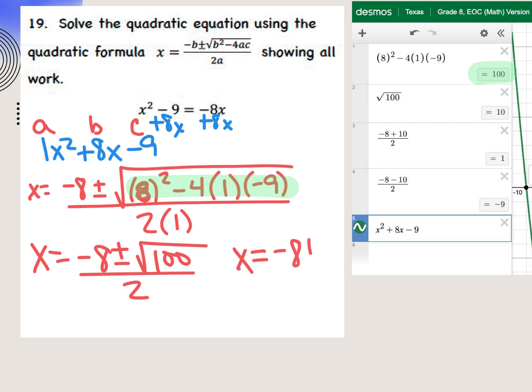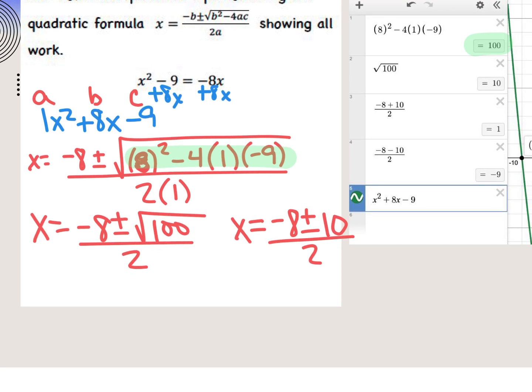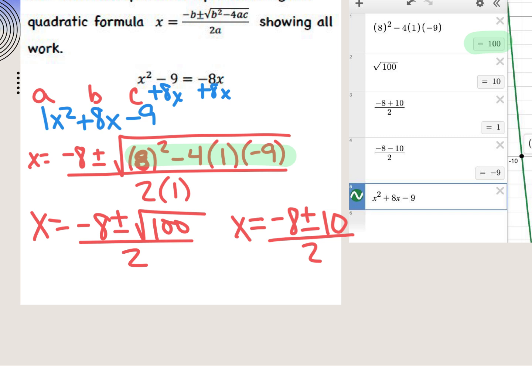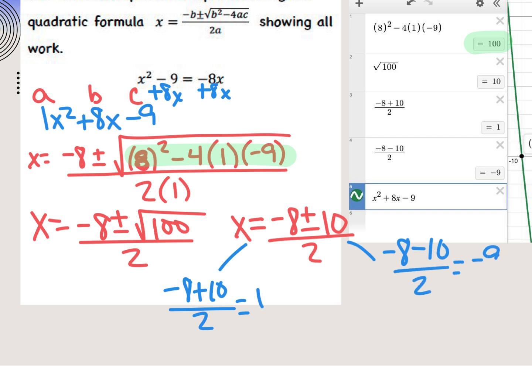So negative 8 plus or minus 10 over 2. And this is actually 2 separate math problems. We have negative 8 plus 10 over 2. And I put that in my calculator. I got 1. Negative 8 minus 10 over 2. And again, I put that in my calculator. I got negative 9. These are our roots.